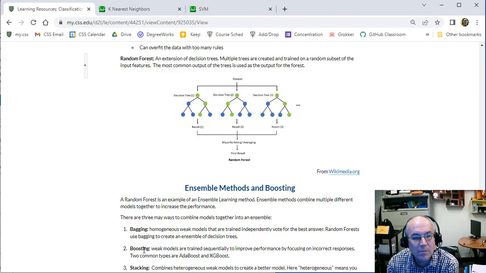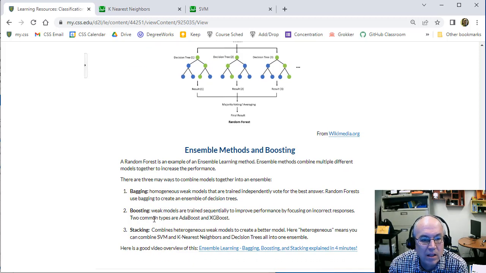So they get more complicated, and it's hard to explain how they're exactly working, but they again are proving these. These kind of algorithms have been winning a lot of the competitions like Kaggle and those sorts of competitions out there. Two of the common libraries out there for boosting are called AdaBoost and XGBoost. We'll be using XGBoost in our weekly exercises.